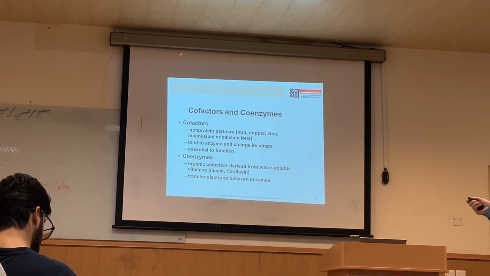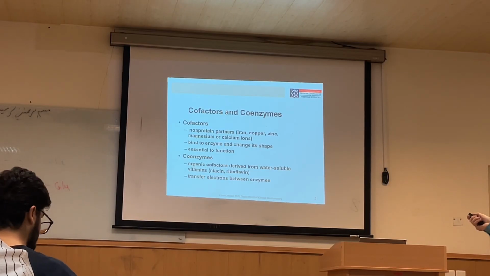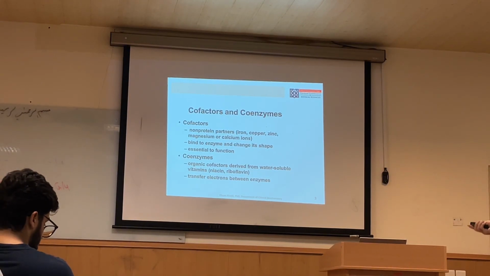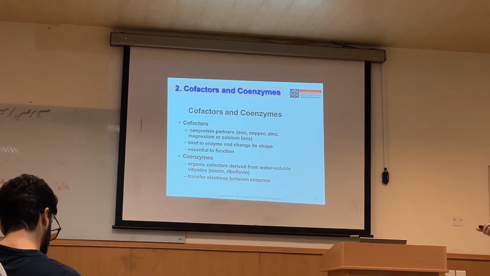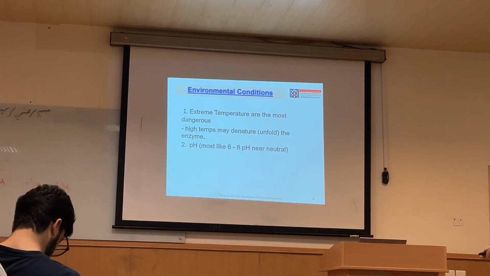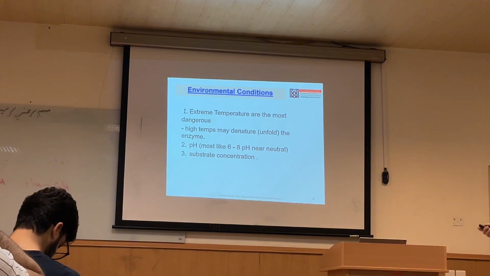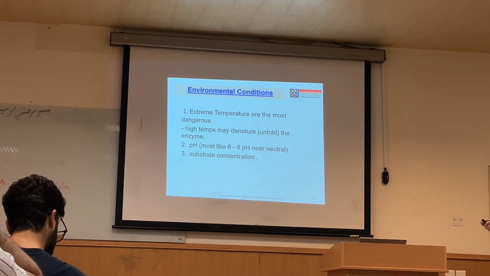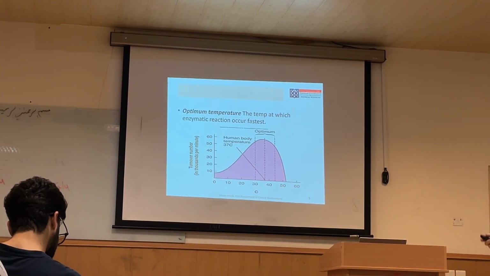So, we will talk about the cofactors and coenzymes in the vitamin part. I'm skipping this part. Just go to the environment part. High temperature or different pHs or even substrate concentration can all affect enzyme activity. See, for the temperature, this is 0 temperature and 10, 20.